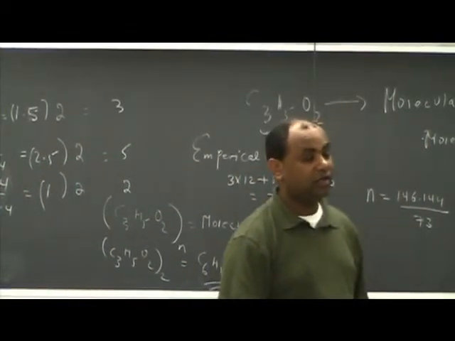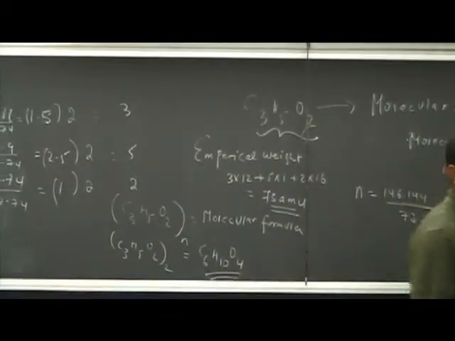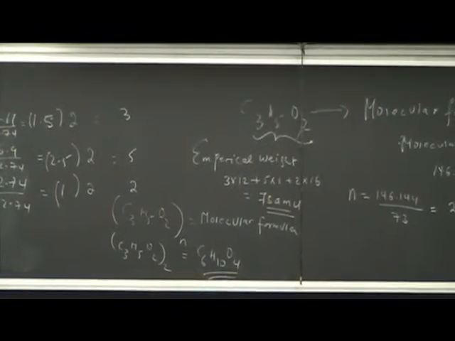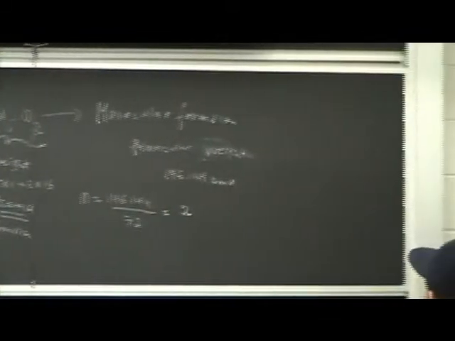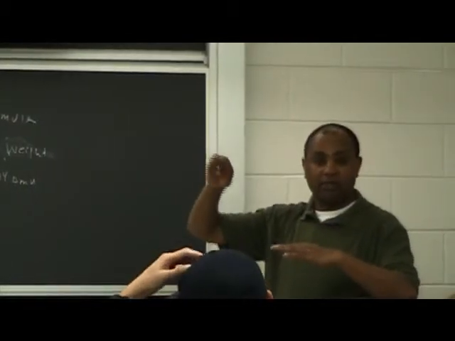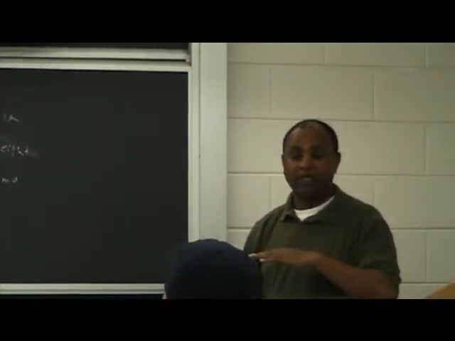When you are asked to calculate the molecular formula, the molecular weight has to be given. So what you need to do is calculate the empirical formula. From the empirical formula, calculate the empirical weight. Once you have the empirical weight, you divide the molecular weight by the empirical weight.